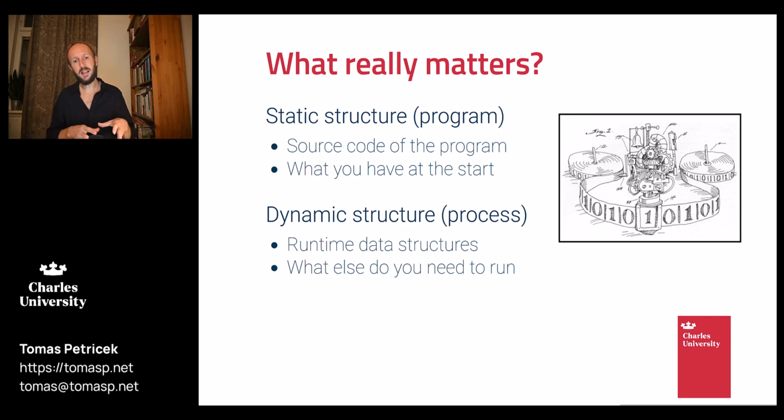But then we have some dynamic structure or a process that gets created from the static structure. In all sorts of programming environments, you will end up having some runtime data structures. The static structure of an object-oriented source code is some class definitions. The dynamic structure is then the objects themselves.